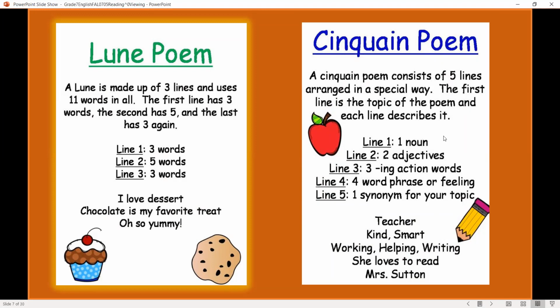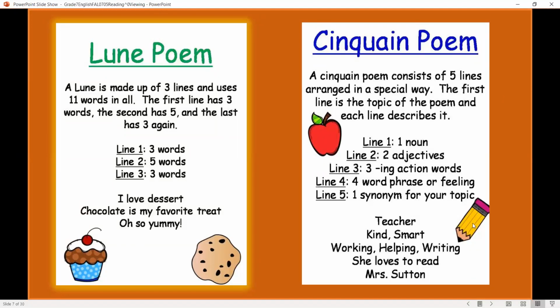So that's going to be the subject of your poem. In the second line, you'll have 2 adjectives to describe the noun. And then in the third line, you will have an ing action word that will also describe your noun. And in line 4, you'll have a word phrase or a feeling about the subject. And then in line 5, you'll have a synonym for your topic.